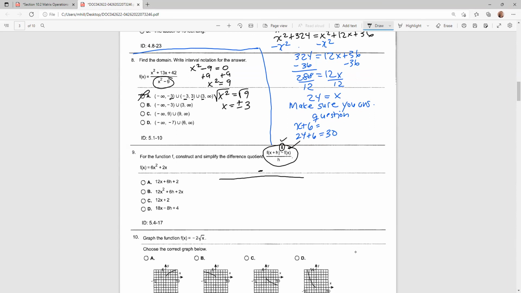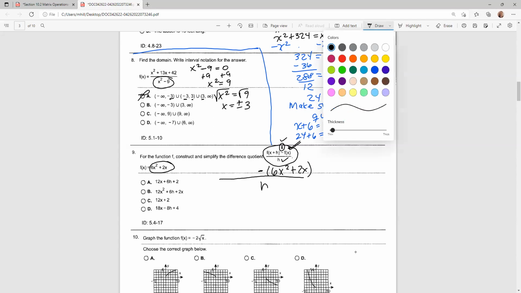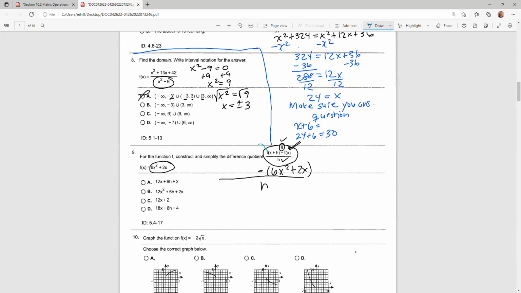And then do f of x. Well, we know what f of x is. It told us f of x is 6x squared plus 2x. We know what h is on the bottom of the fraction. So we could take care of those things first. Then we can come back and deal with this whole, like, what is this f of x plus h?